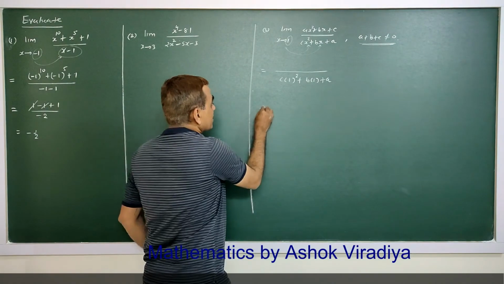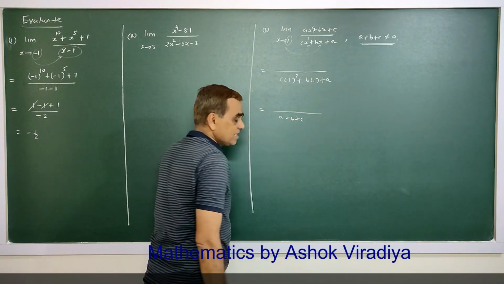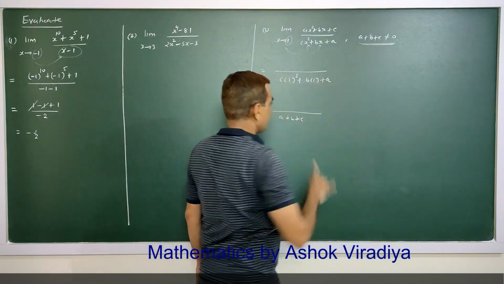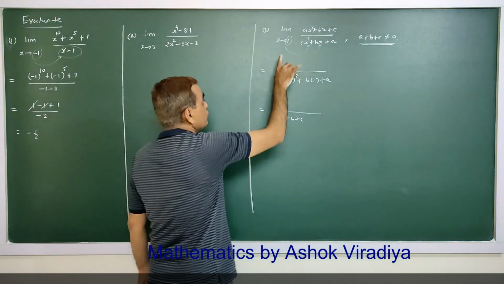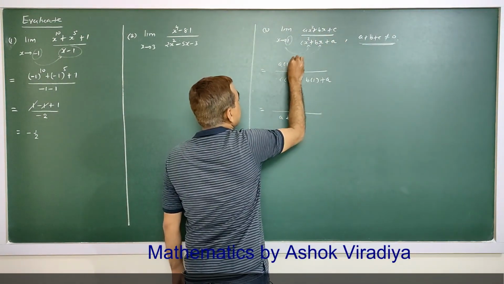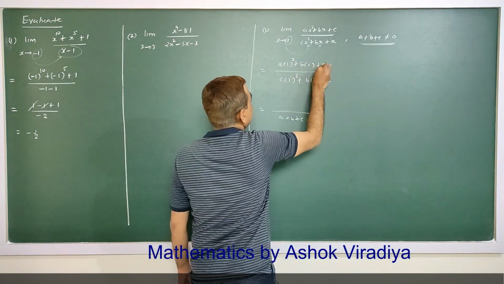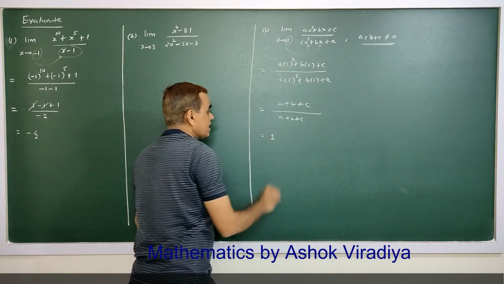Putting x equal to 1, the denominator is a plus b plus c, which is non-zero. So we are allowed to put value 1 in the numerator also. So put in numerator. So it is a plus b plus c. So this is 1.